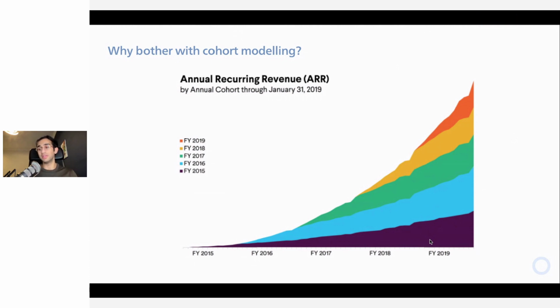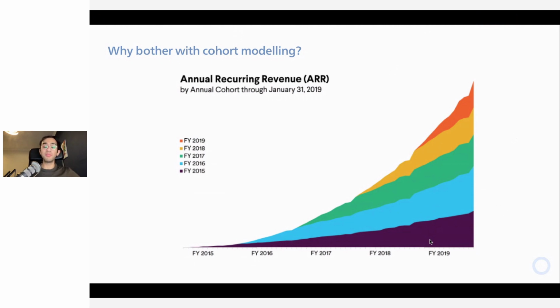Another example is if you are a product like a delivery app, let's say Uber Eats or Deliveroo or Postmates. One of the things that often happens is that customers behave differently at different points in time. It might be the case that when customers sign up for the app, they spend loads of money in their first month, and then there's a big drop off after that first month.